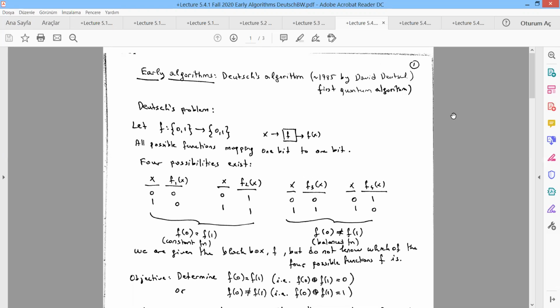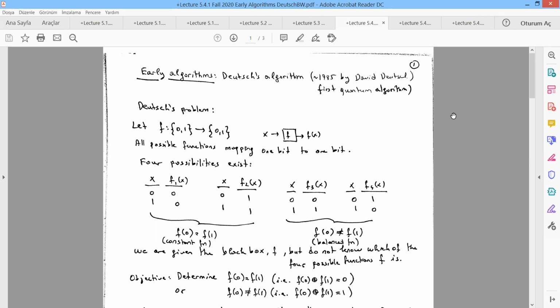These early algorithms don't necessarily have practical use, but they illustrate certain advantages or speedups with respect to classical computation. And some of the more recent algorithms like Shor's algorithm and Grover's algorithm that we'll discuss use the ideas from these early algorithms.